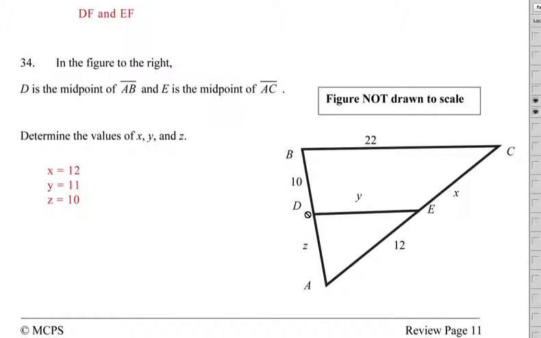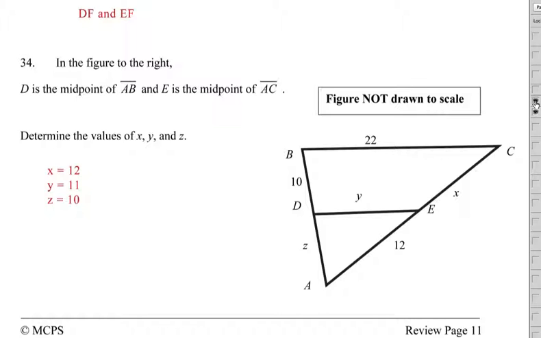Okay, D and E are midpoints. That just means if this is 12, that's 12. Okay, if this is 10, right, this is 10 because the middle, right? Middle means the same. But this is not the same. Okay, you can see this is 22. This is a half. It's 11. You know, it's a half the size, the proportion-wise. Okay, it's a half. So I hope that's good.